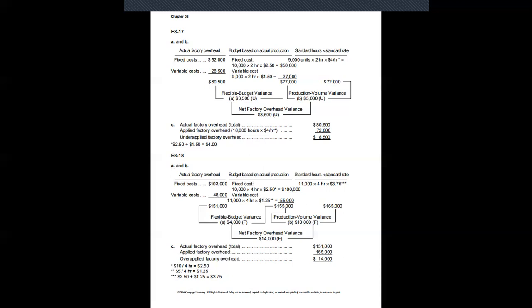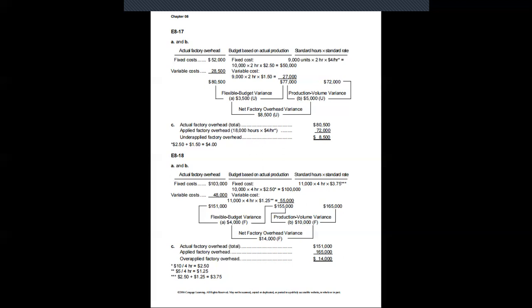So the total budget based on actual production is 155,000, while the actual factory overhead is 151,000. So you have your flexible budget variance equal to 4,000, and it's favorable because the budget based on actual production is greater than the actual factory overhead.